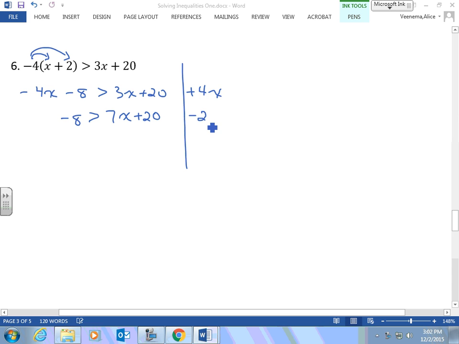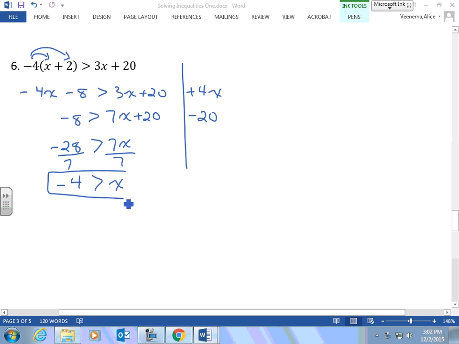Let's subtract 20 from both sides to get the x's by themselves. So I'm left with 7x here, and negative 8 minus 20 will be negative 28. So now I want 1x, so divide both sides by 7. And I've got x there and a negative 4. If your solution looks like this, don't put a box around it because you're not finished.